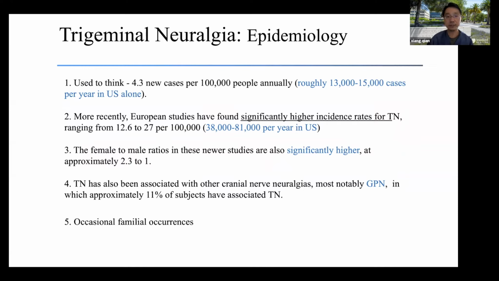Females tend to have a much higher incidence, and it usually happens to people who are 50 or older. Sometimes it could be associated with other cranial neuralgias, most notably glossopharyngeal neuralgia. Whether it's genetically inherited, most people think it's not. Very occasionally there are familial occurrences, but in general, it's not.